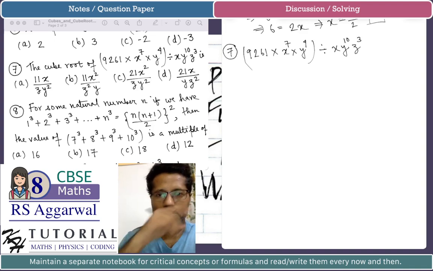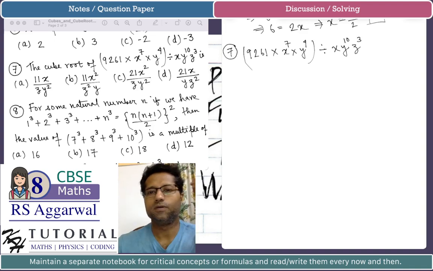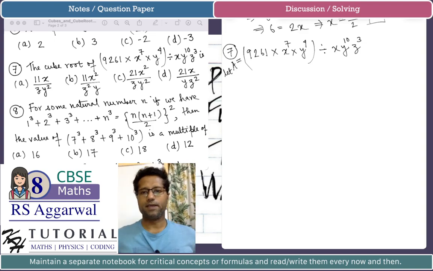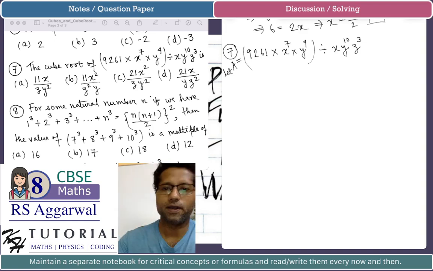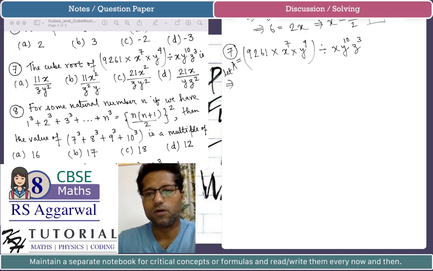We have to find the cube root of this. So let a equal this given expression. I'm sorry for my really weird handwriting. We have to find the cube root of a, that is the cube root of the given expression.